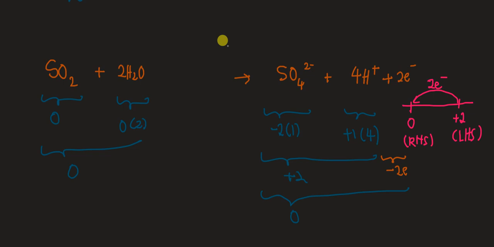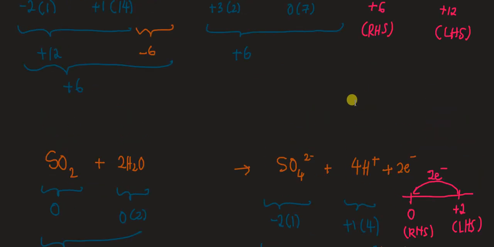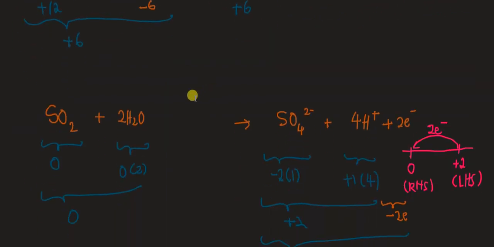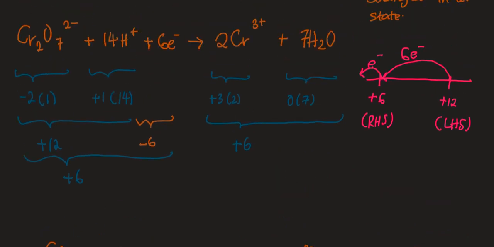So now the atoms are all balanced. There's 1 sulfur, 1 sulfur, 4 oxygens, 4 hydrogens, 4 hydrogens. Total charge of 0 on the left hand side, total charge of 0 on the right hand side. So we have balanced half equations for both of the reactions. I'm just going to copy this down.